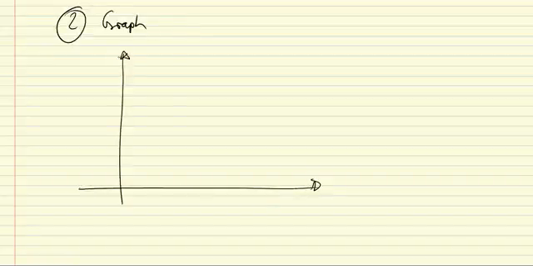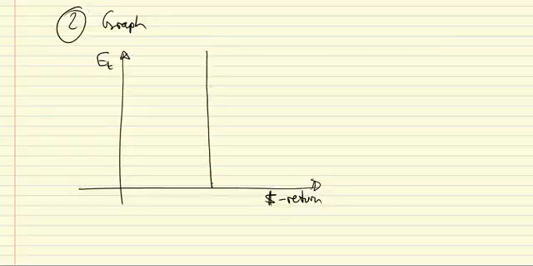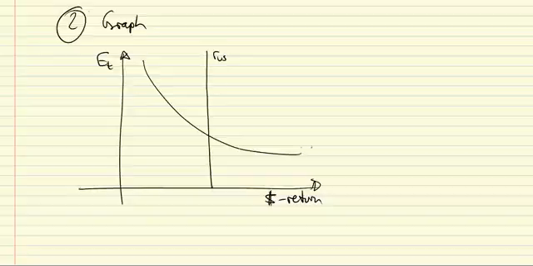or draw this a little larger. So we have ET on this axis and the dollar return on both assets here, and we have RUS independent of the exchange rate and the expected return on the euro asset in this curve, E hat ET.